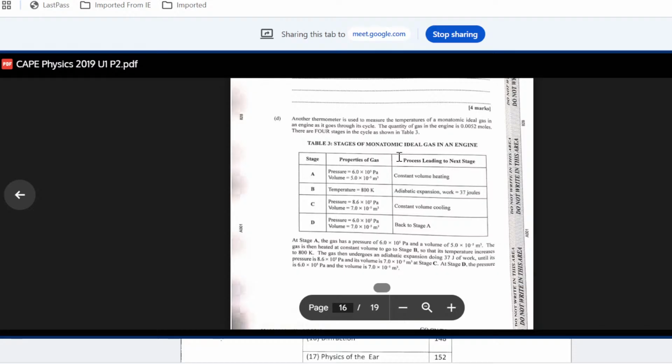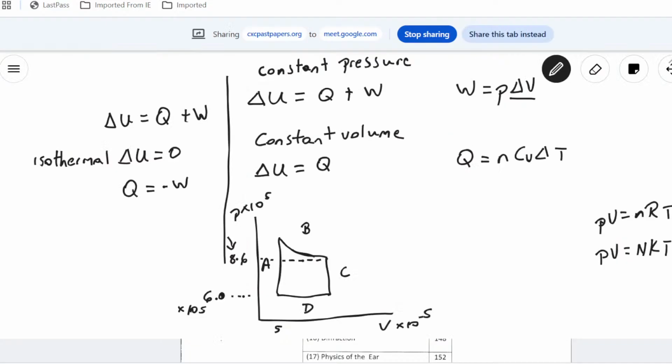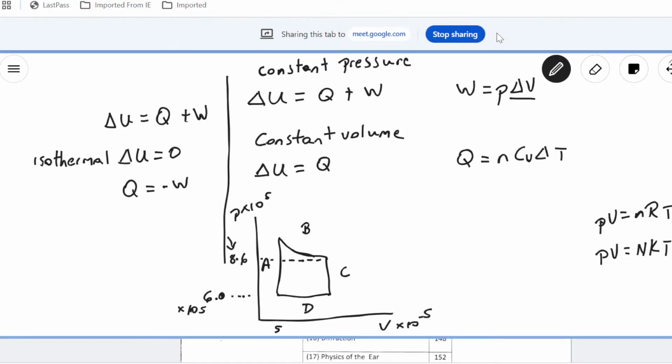They didn't tell you, so you wouldn't put that on a sketch. But we know where it stopped because we know where C starts. So they're all connected. The adiabatic stopped at 8.6 times 10 to the 5 because C starts there.